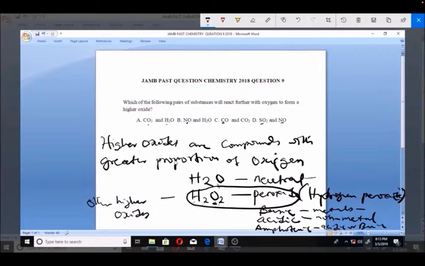So this is also a good oxidizing agent. So these two can actually oxidize something that has normal oxygen into higher oxide. So I think option A is a suitable answer for this. D would have been because of SO2. Consider NO. So that is why I picked this option A. Thank you.